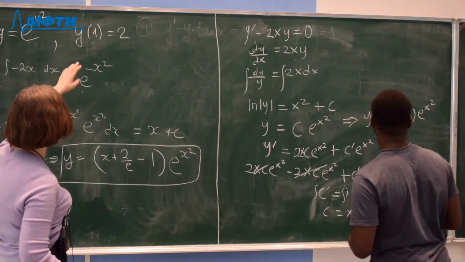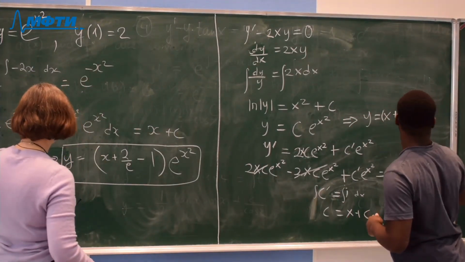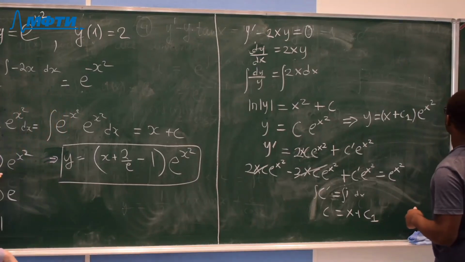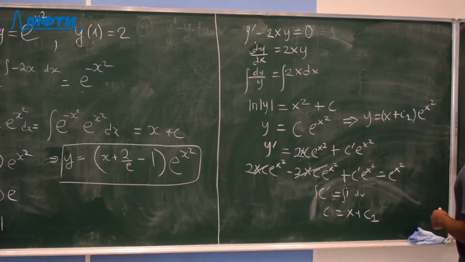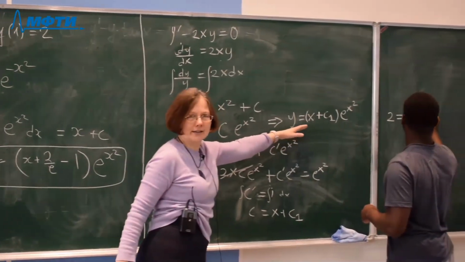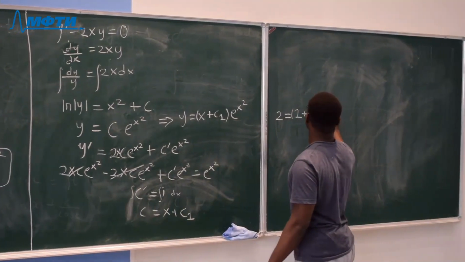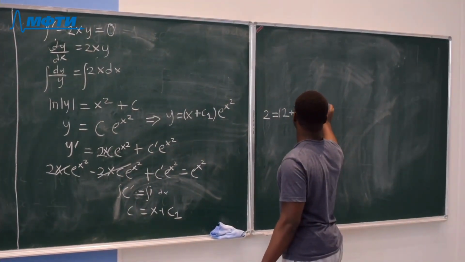Okay, and then the initial value problem can be found as before. So let's compare the answers. This is the answer obtained by the first method, and this is the answer obtained using the second method. They are the same. It doesn't depend on the method, of course.